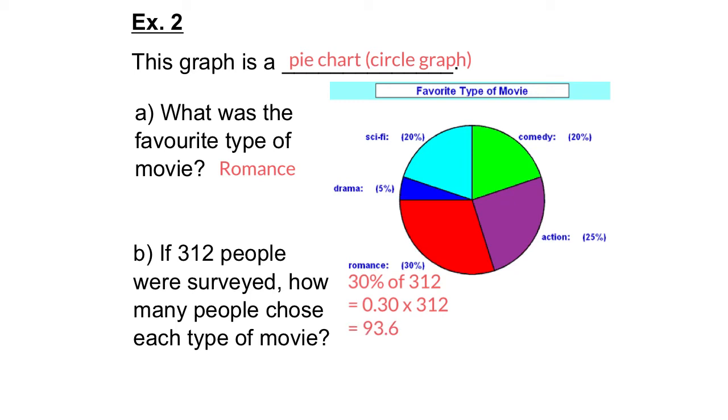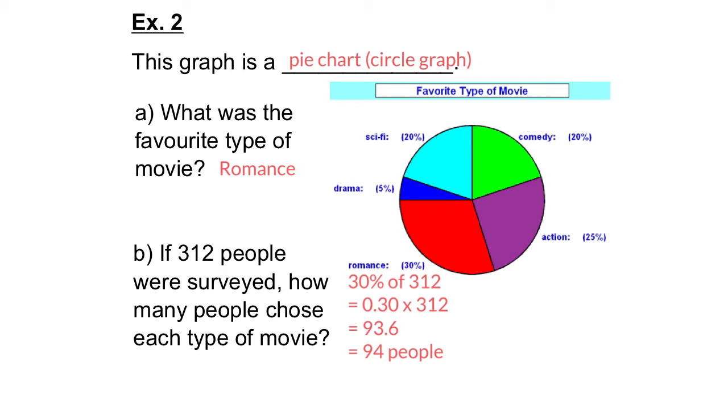However, remember, we're talking about number of people. How many people? So I can't say there were 93.6 people that answered romance. That doesn't make any sense. You have to have a whole number here. So I would round that up to 94. So I have 94 people said romance.